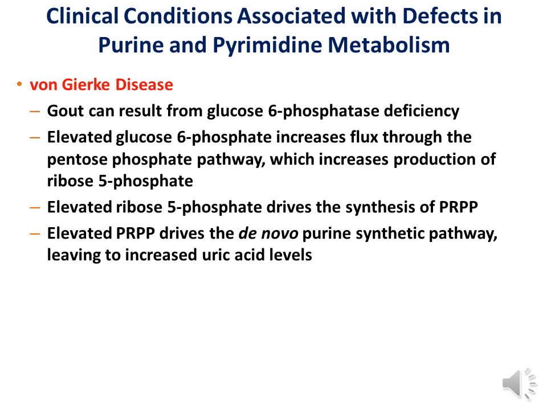The elevated ribose 5-phosphate levels drive the synthesis of PRPP. The elevated PRPP then drives the de novo purine synthetic pathway, leading to increased uric acid levels. And the increased uric acid levels can then cause gout.